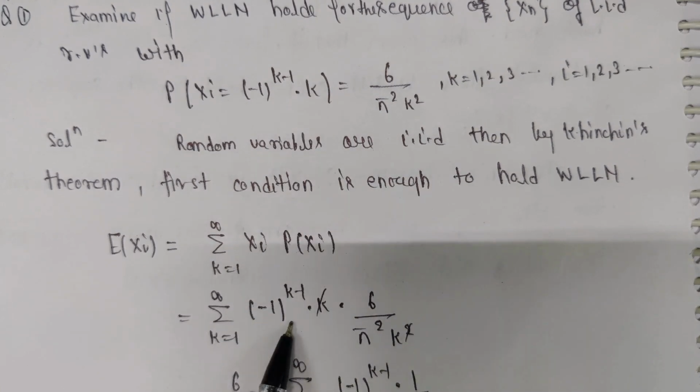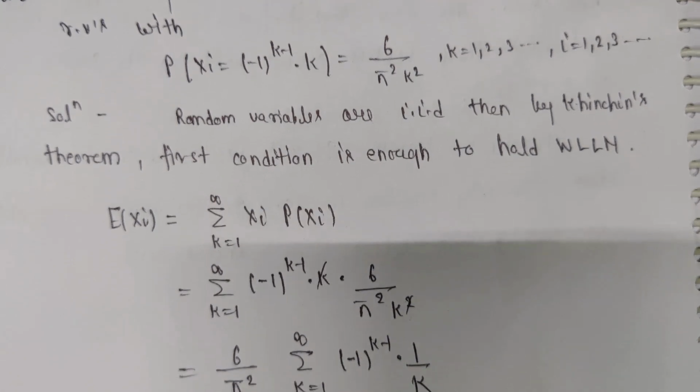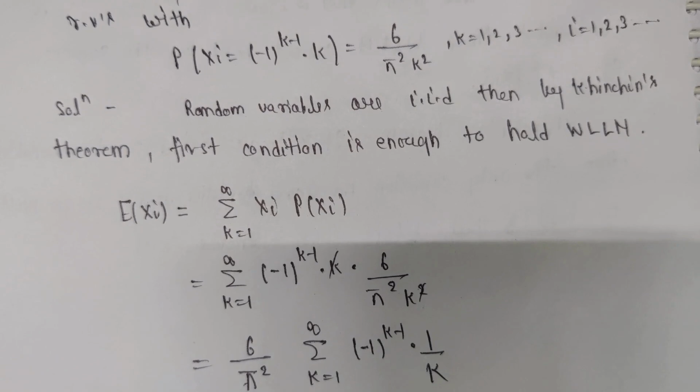So we are putting the value of Xi and the corresponding probability 6 upon pi square into k square. So k cancels out, and we can take 6 upon pi square outside because it is free from k, and the summation over k going from 1 to infinity. Okay, and (-1)^(k-1), this one, and into 1 upon k from this term.